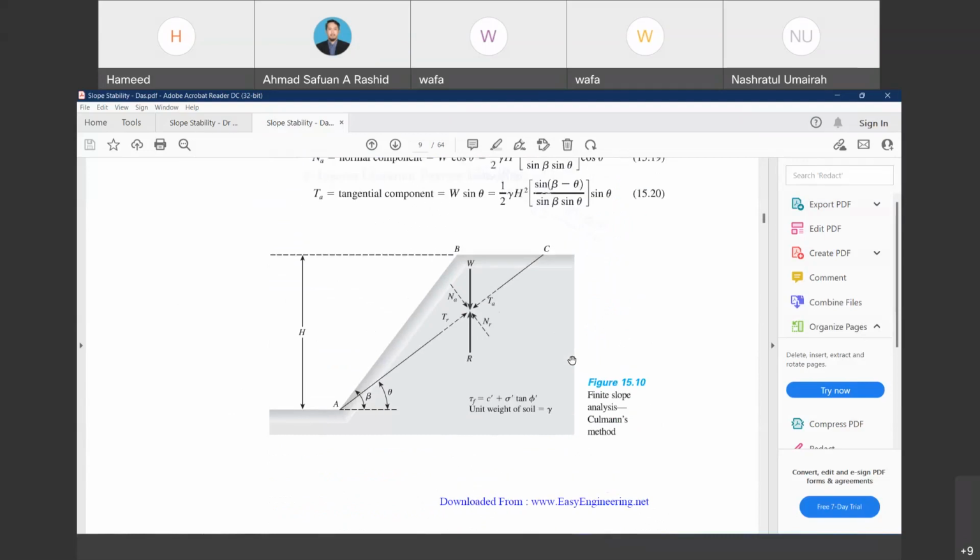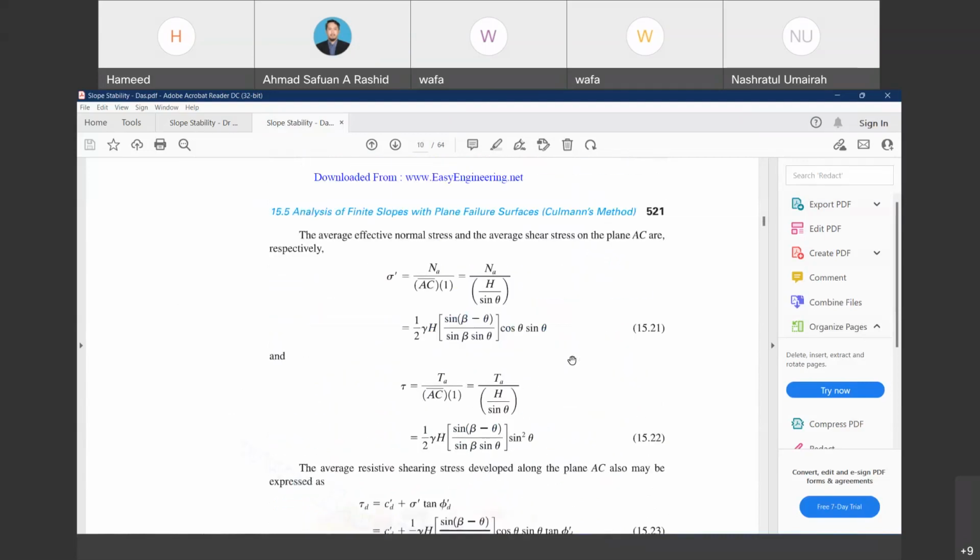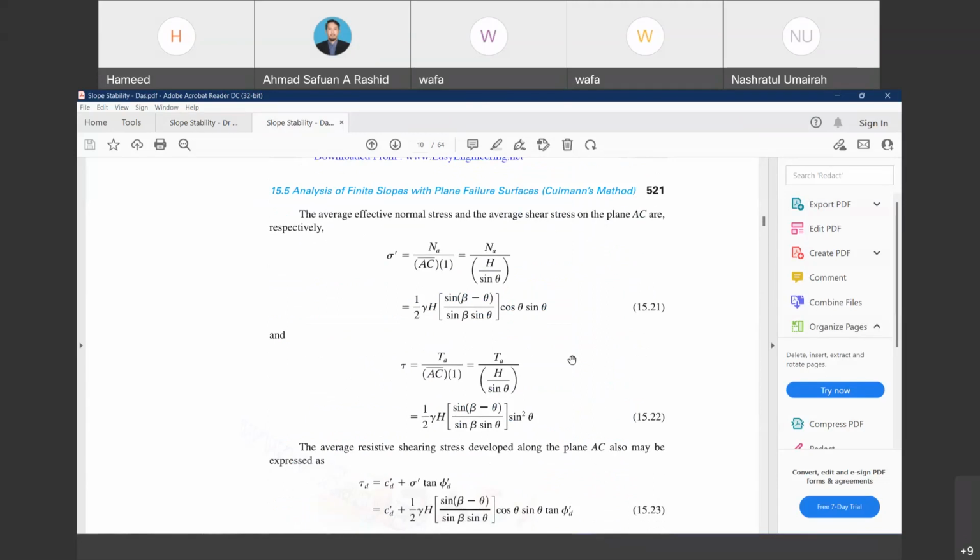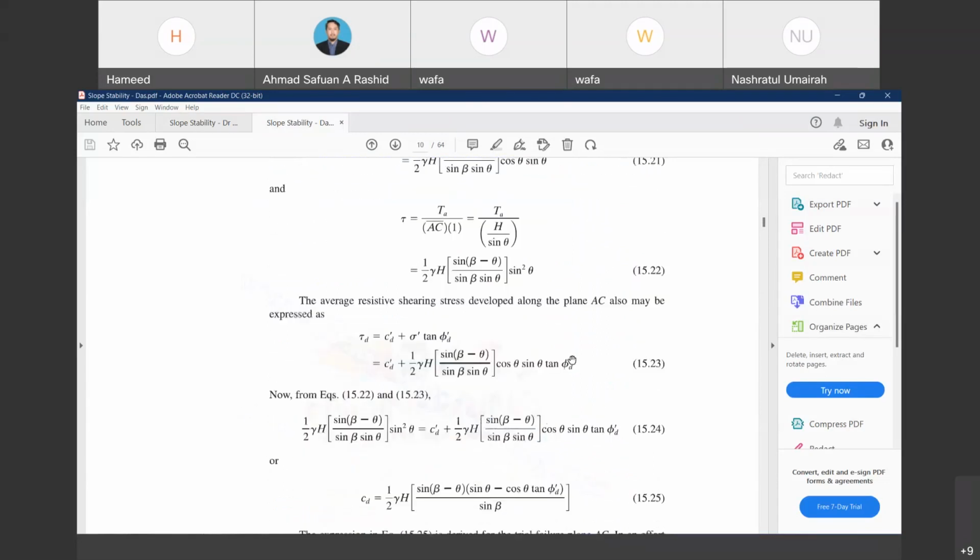So we need to determine the W and A, to determine the factor of safety value. So this is the equation based on sigma and tau. You can go through this in detail. But I guess it is the same approach or the same explanation as from Dr. Noli Gofar.